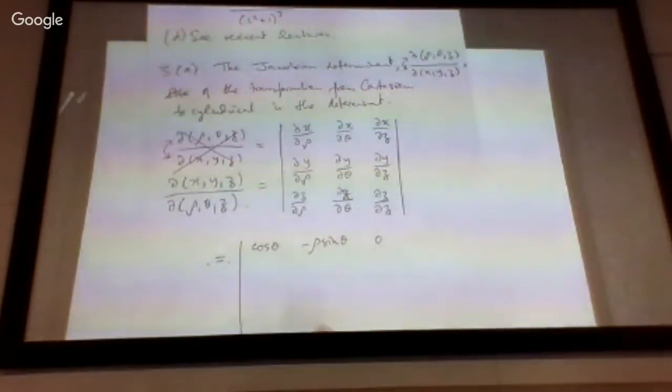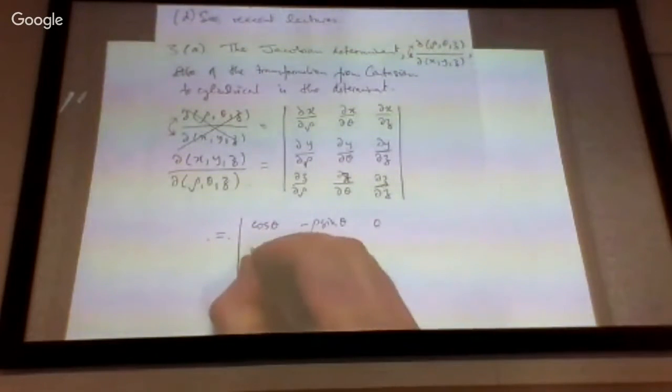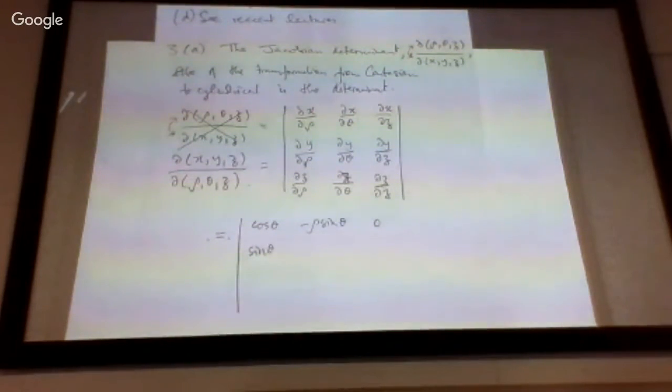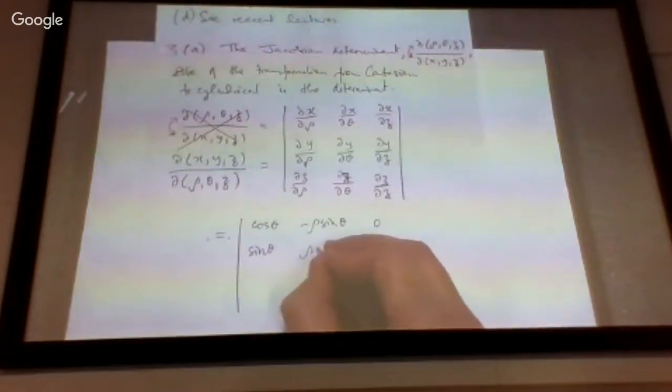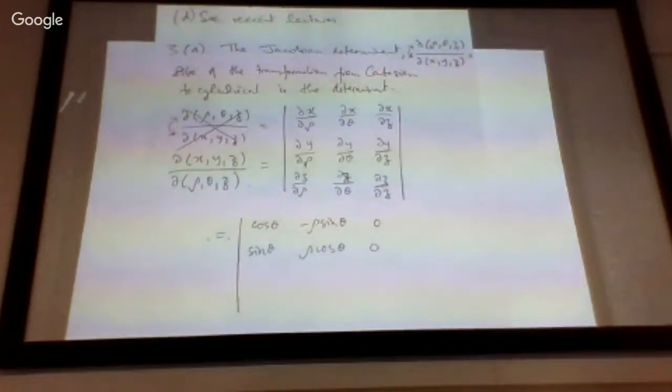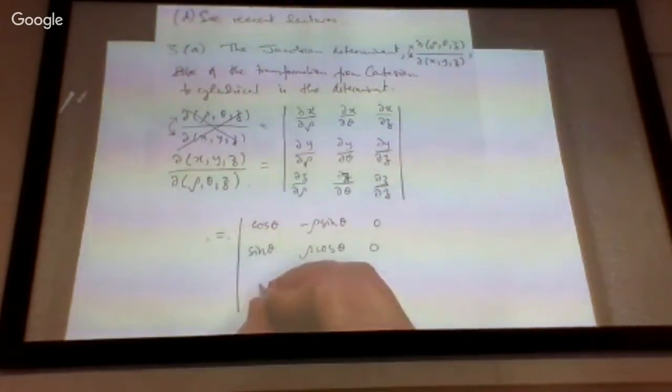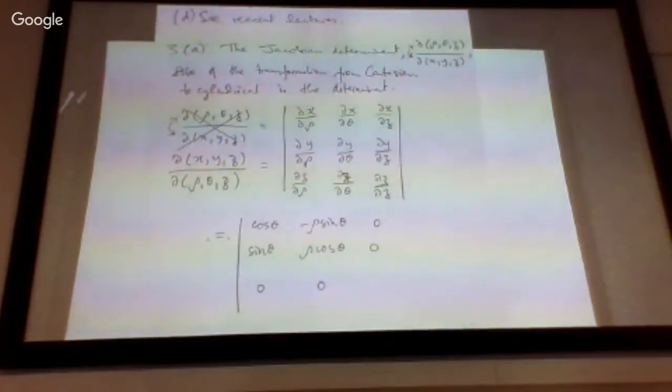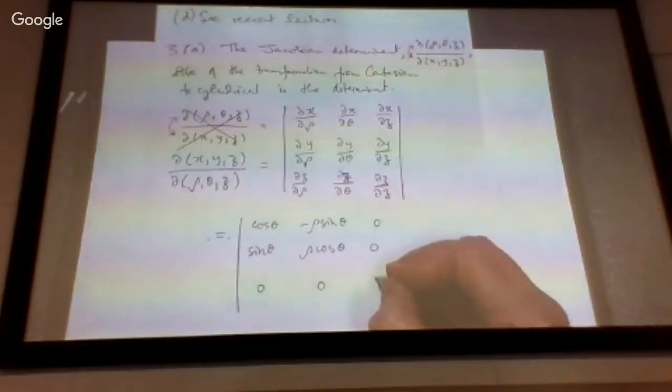dy d rho is sine theta, dy d theta is rho cosine theta. dy dz is 0 again, there's no z's in y. dz d rho and dz d theta are 0, there's no rho or theta in z. And lastly, dz dz is simply 1.